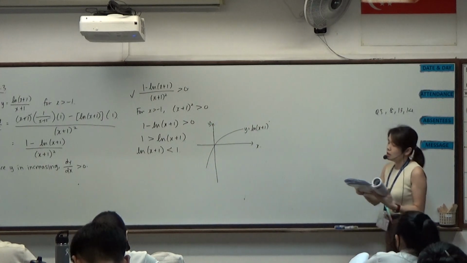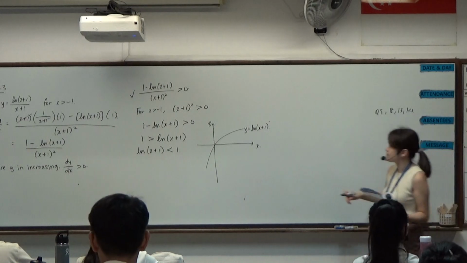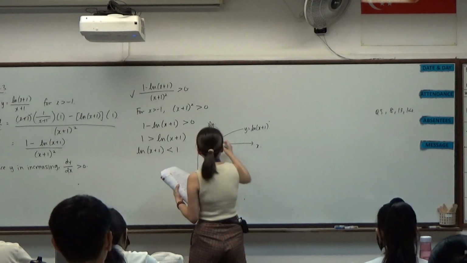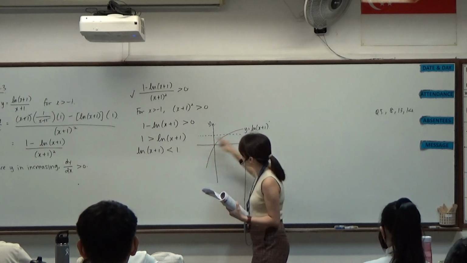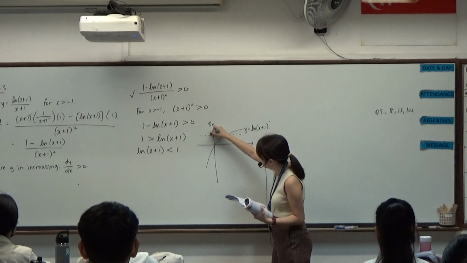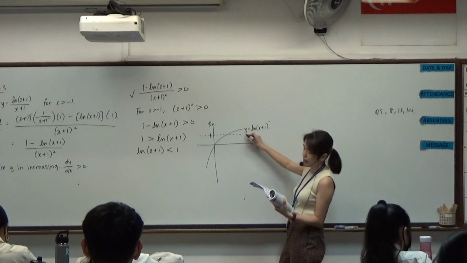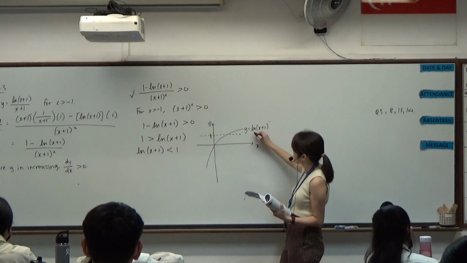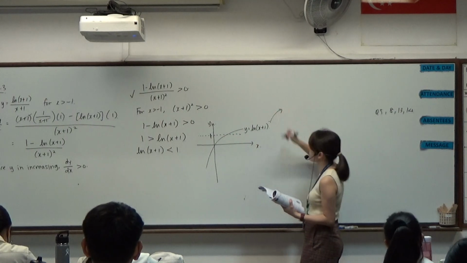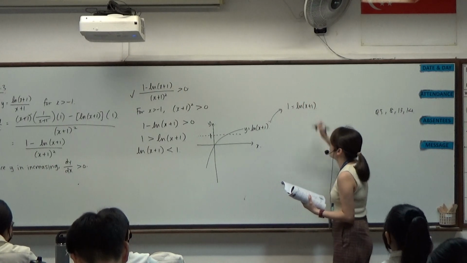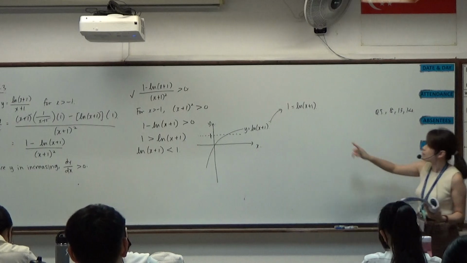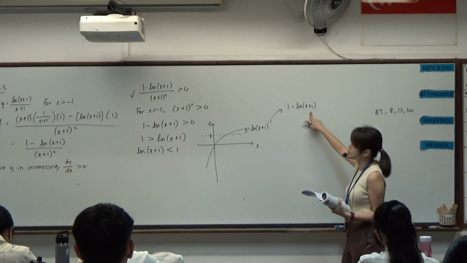So with our y equals ln(x+1) looking like this, we are looking at it being less than 1. So we need to see where y equals 1 is. Just a side working. When y equals 1, we get 1 equals ln(x+1).